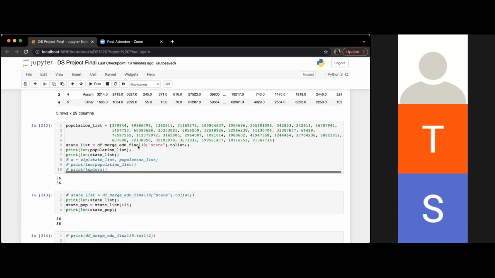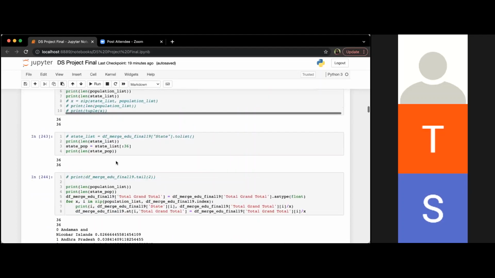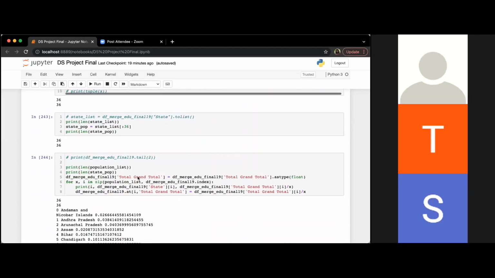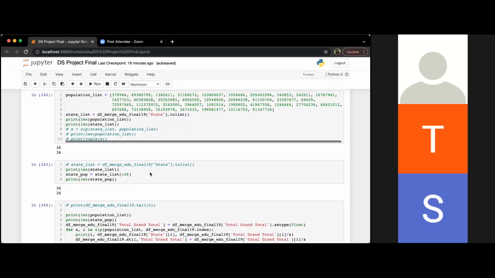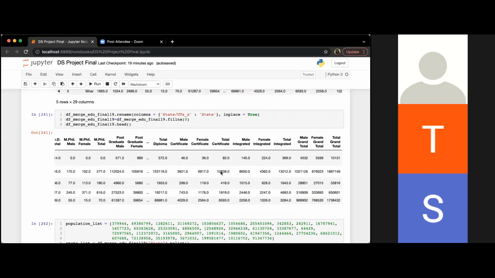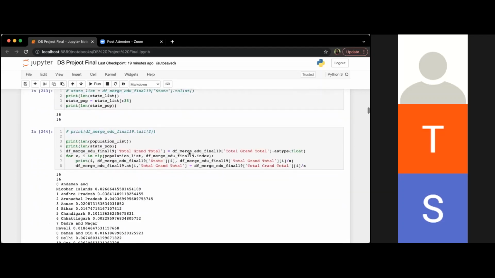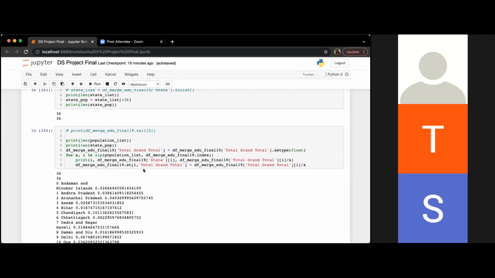And finally, we divide the total number, the grand total from our data, by the respective state's population.